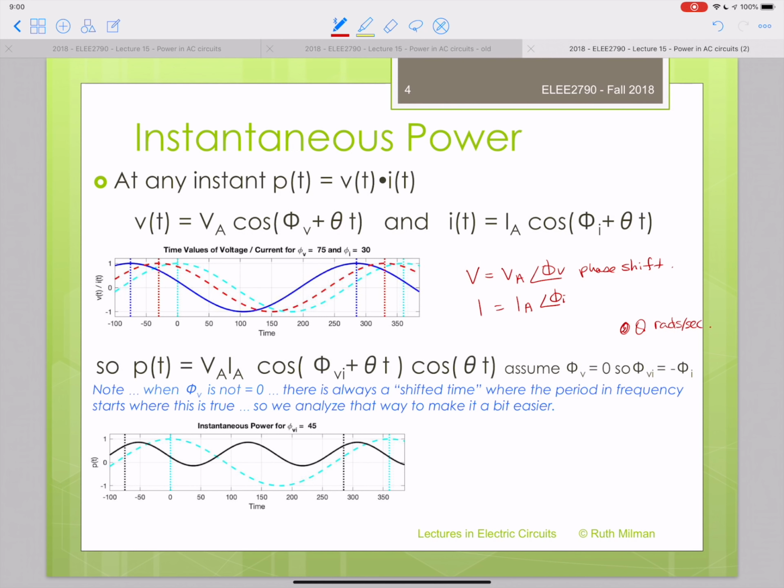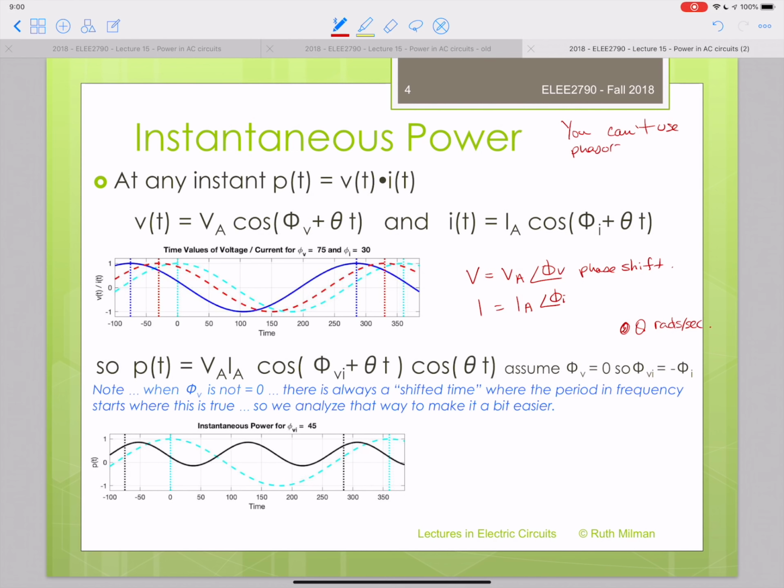Well, if you're going to take the instantaneous power, you're simply going to multiply these two things together. Be careful though. You cannot use phasors to do this. You use phasors to get through the current and voltage information, to get through the impedance, and to find what the currents and voltages are, but you can't use phasors in general for power.